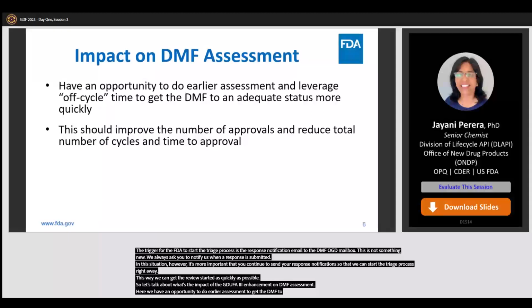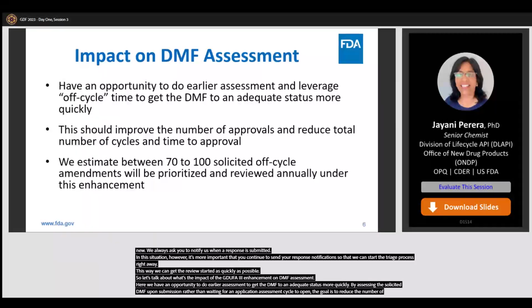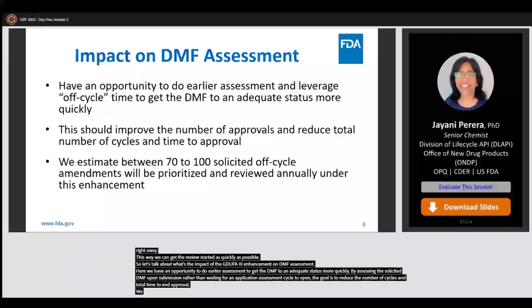By assessing the solicited DMF amendments upon submission, rather than waiting for an application assessment cycle to open, the goal is to reduce the number of cycles and total time to ANDA approval. We estimate between 70 to 100 solicited off-cycle amendments will be picked up for review annually under this enhancement.